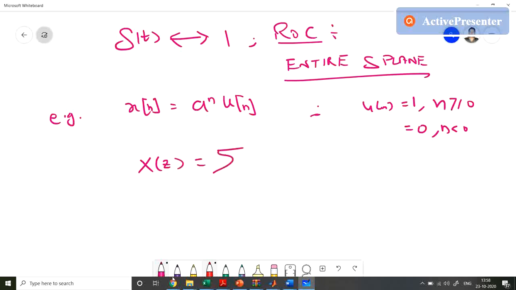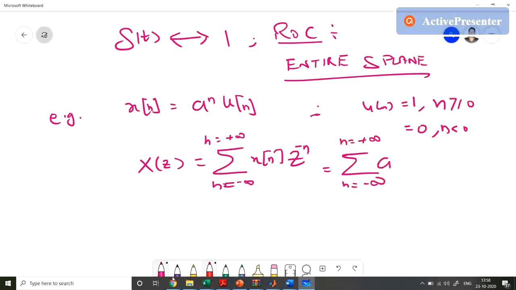Of course, the summation goes from n equals minus infinity to plus infinity of x[n] z raised to the power minus n, which equals the summation of a raised to the power n u[n] z raised to the power minus n.